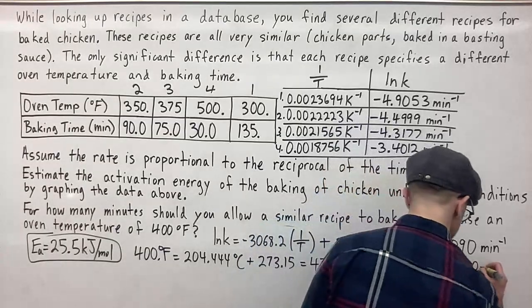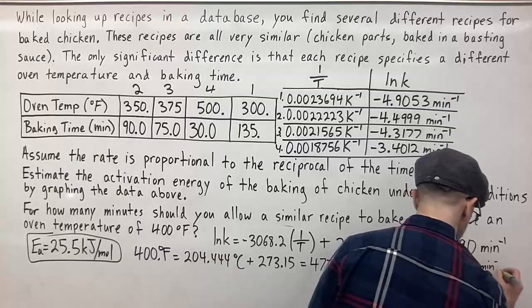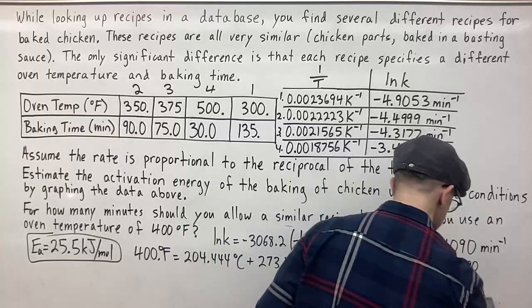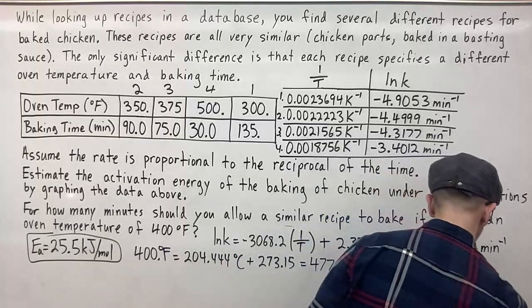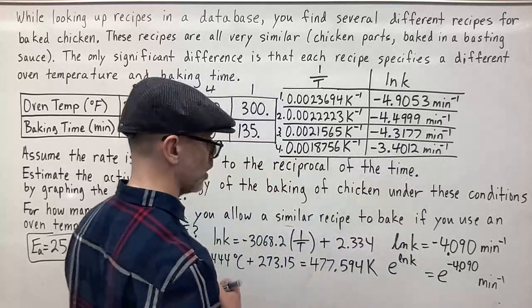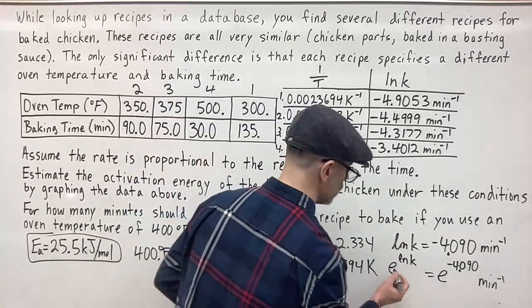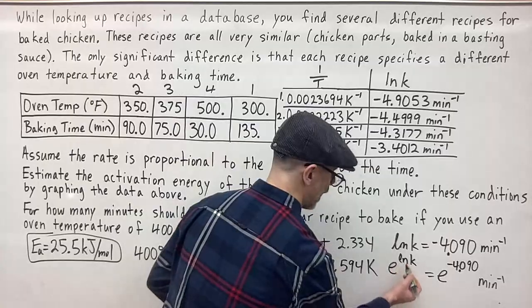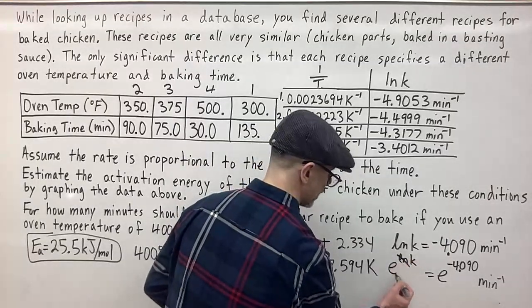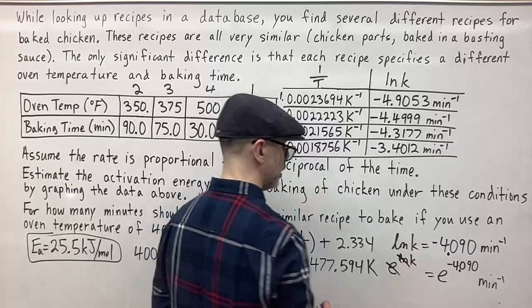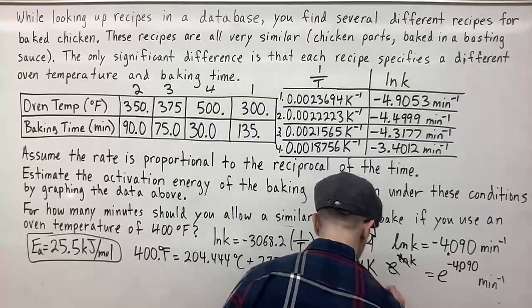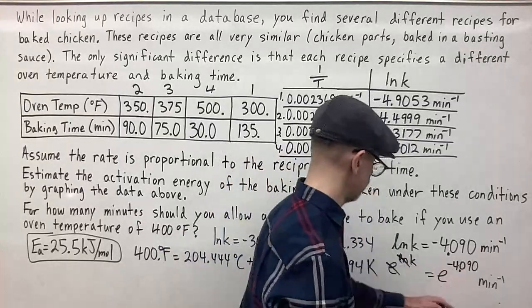The unit is still per minute. And of course, when you take the natural log as a power of e, that cancels out the natural log. So then k, the rate constant, is equal to whatever this is.